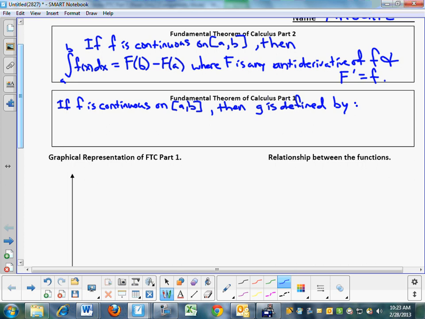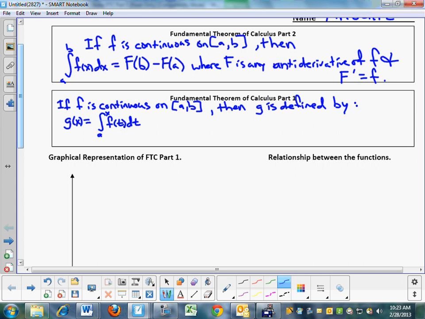So G would be defined by the following: G of x would equal the integral from a to x of f of t dt. We choose to use a different variable because x is what we're going to substitute in. I don't want to write x twice.